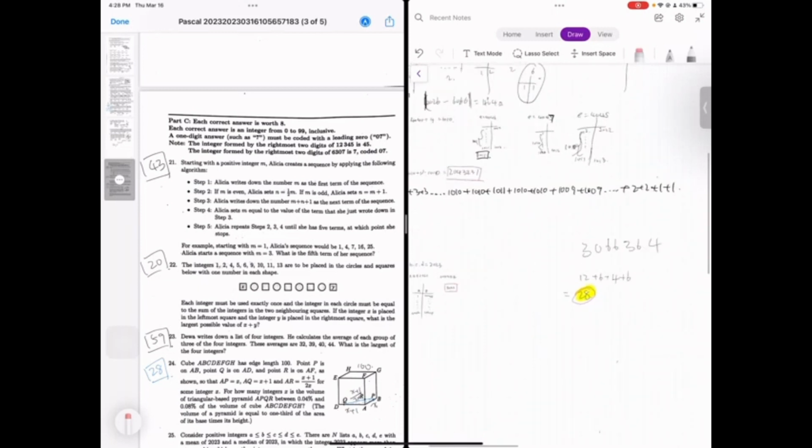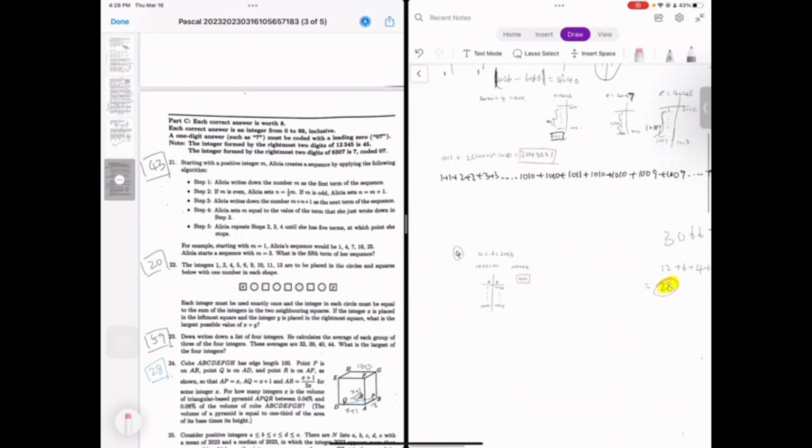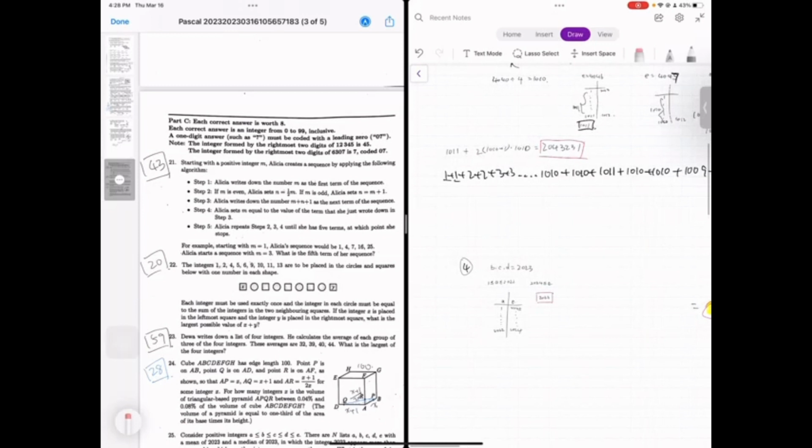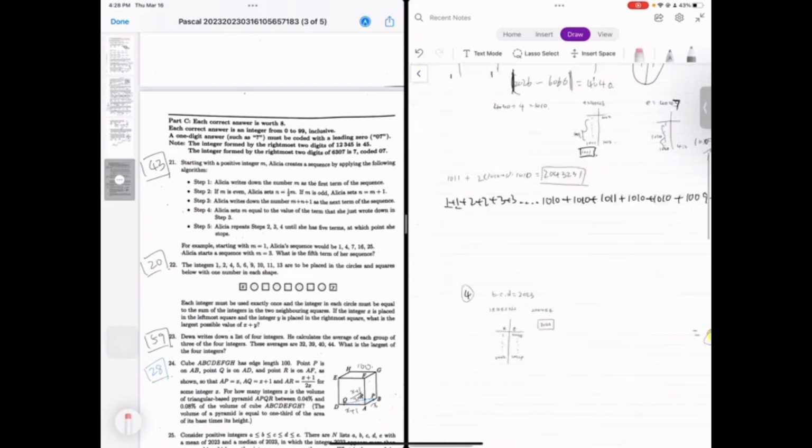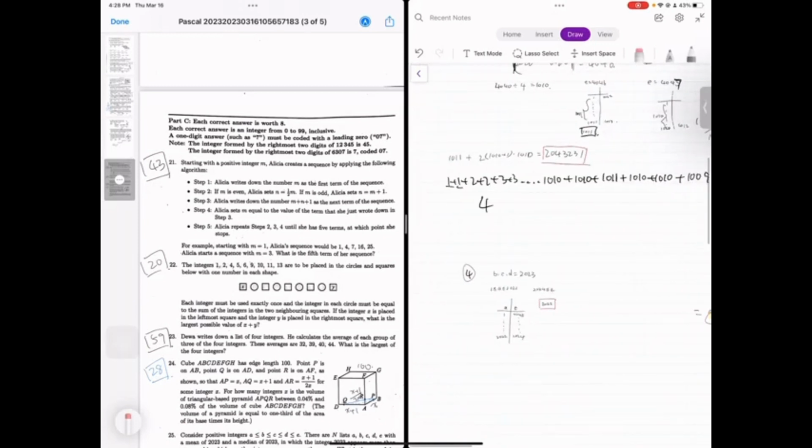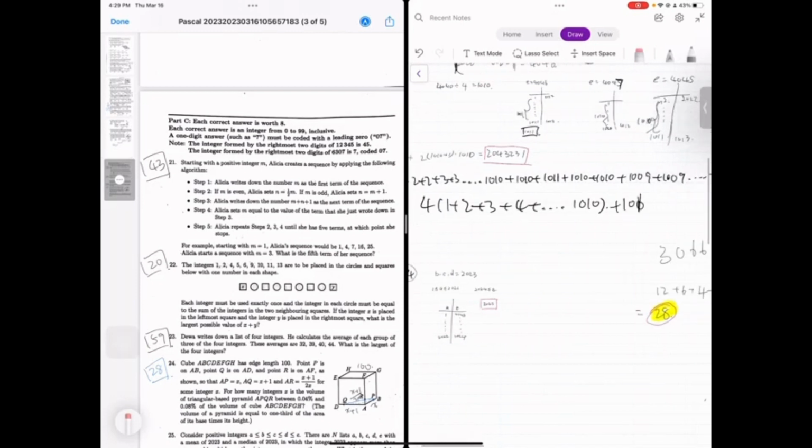That's the end of the sequence. So there are 4 times 1 plus 2 plus 3 plus 4 till 1010, and then we add the 1011.